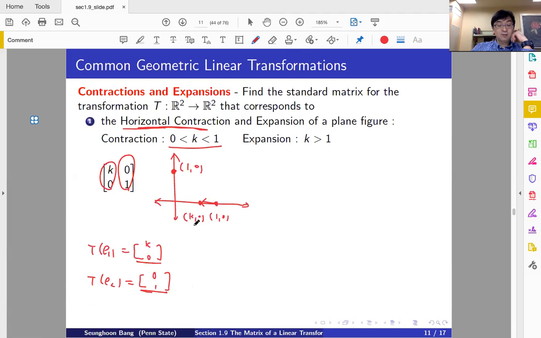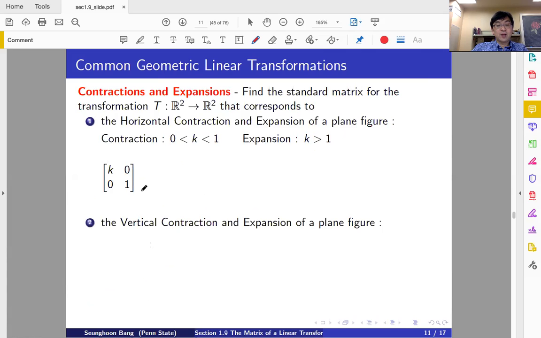So this is the answer. What about expansion? The only difference is that it's expanded horizontally, so this point is moved here. The only difference is this is (K, 0), K is greater than 1. We have the same result. T(e2), this point, expanded, doesn't move. So we have exactly the same.